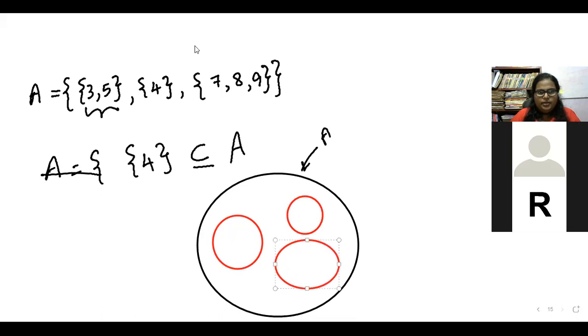One is the 4, and the others are 3 5 and 7 8 9.